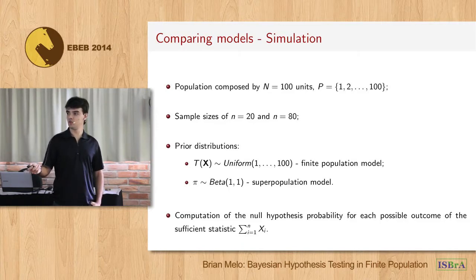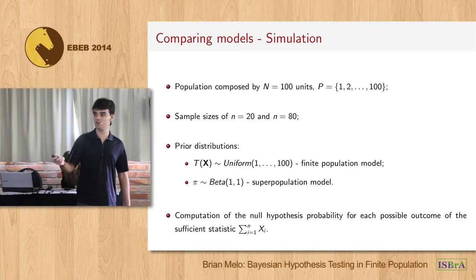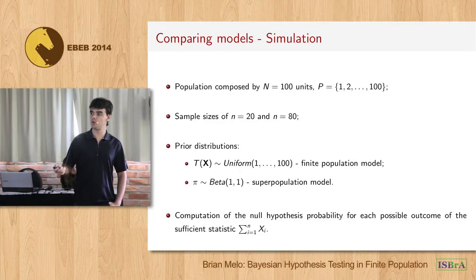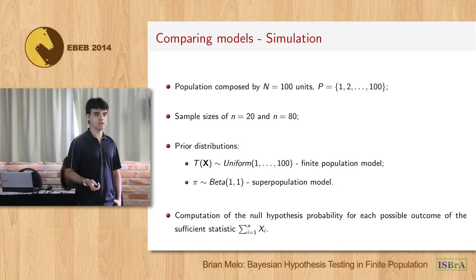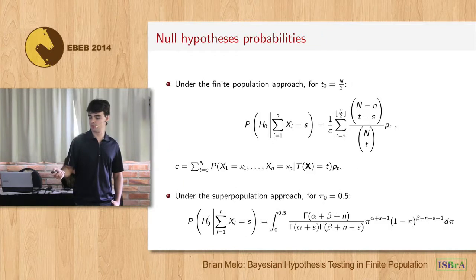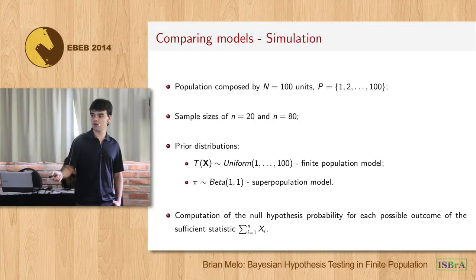Here is a uniform discrete distribution on 0, 1, ..., 100, since the population total can take any value from 0 to 100, which is the population size, and a uniform distribution, beta 1, 1, on the superpopulation model. And the sampling total, this value, is a sufficient statistic. So we compute the value of these probabilities for each possible value of the sampling total.